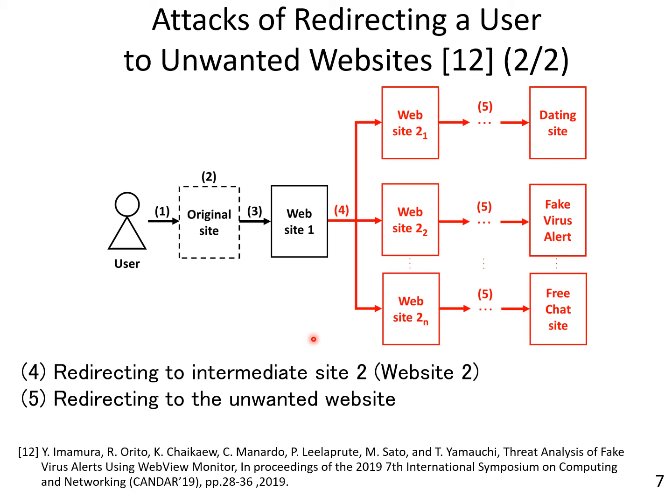This makes it impossible for the user to move to the previous website, even if they click the back button. Finally, the user is redirected to the unwanted website. The number of redirects is not the same every time.